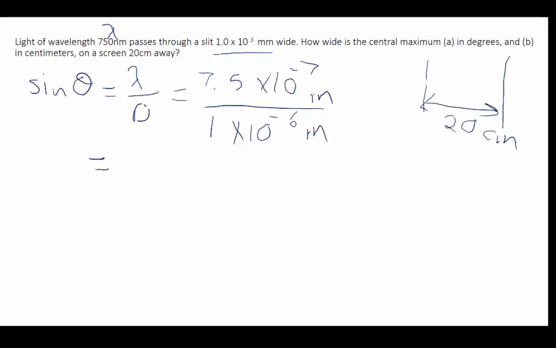So sine theta ends up to be 0.75, which means that the angle is 49 degrees.